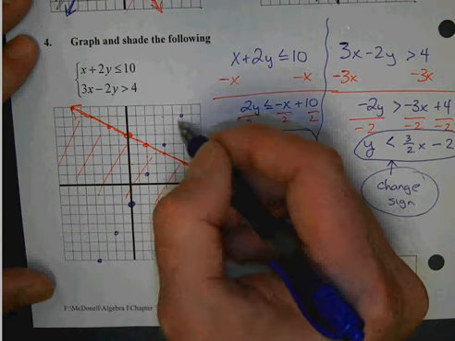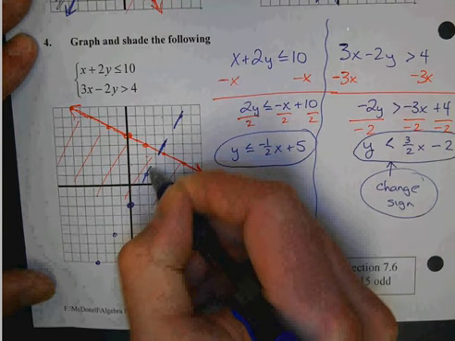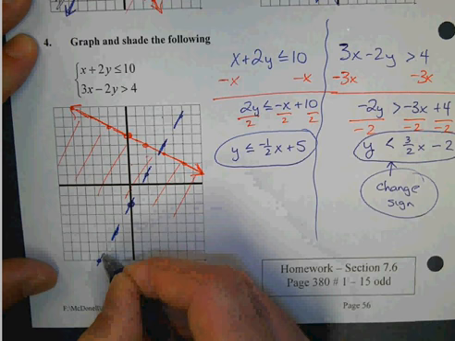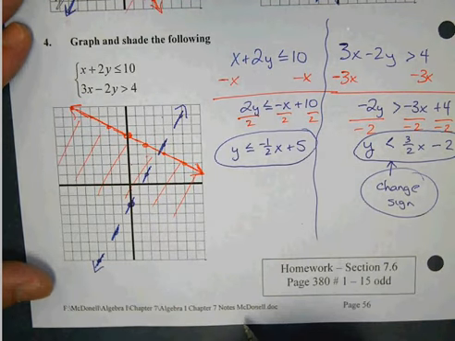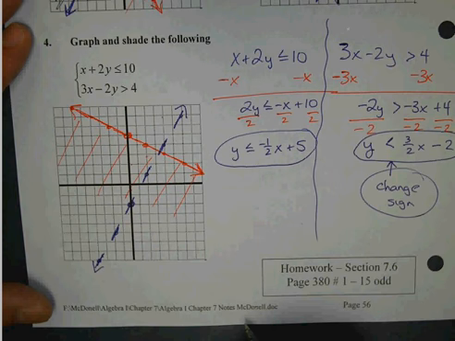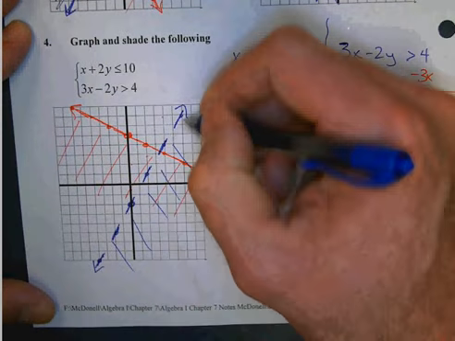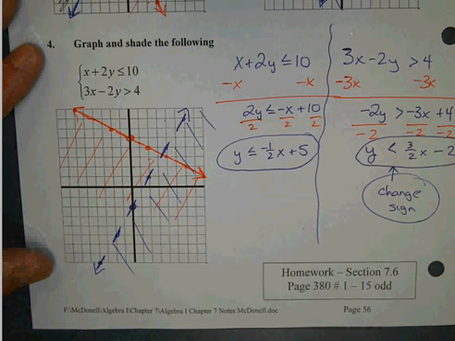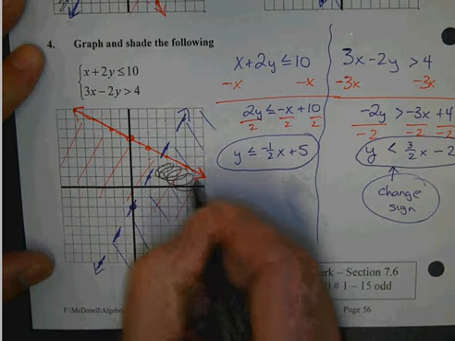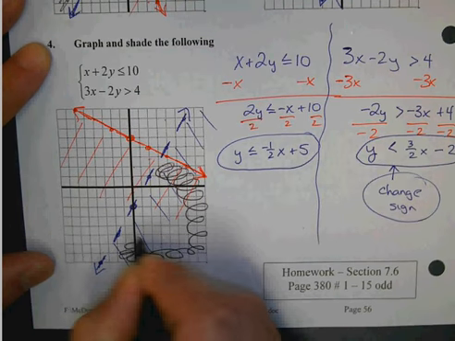Dotted? And what about my shading on this one, guys? Below. So where do they cross? Hopefully it's pretty obvious, this bottom sector.